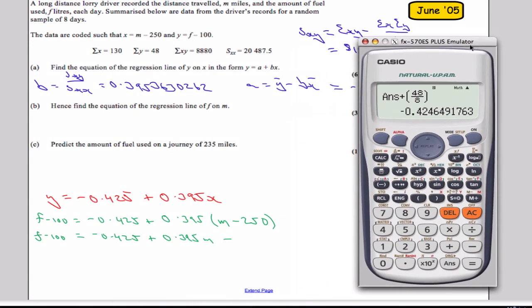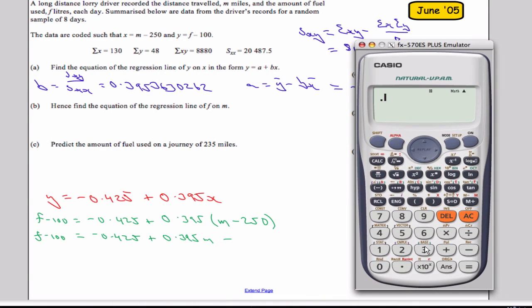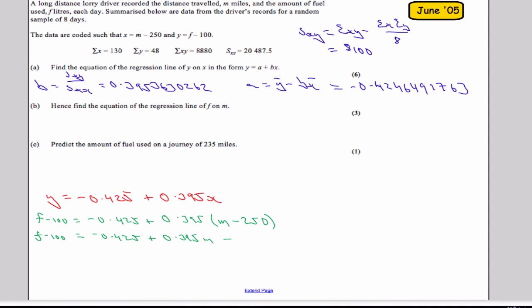Let's just work this out now. 0.395 multiplied by 250 gives me 98.75. So minus 98.75. So f equals, so it's 98.75.